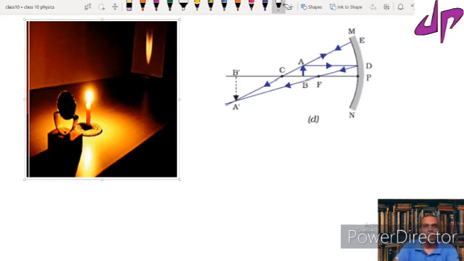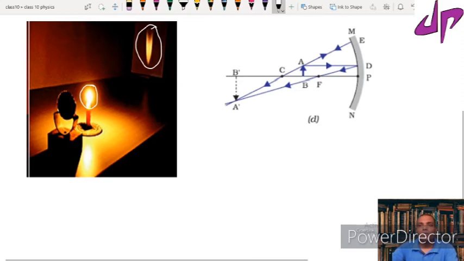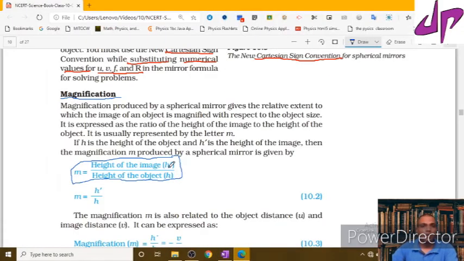So this is the image, and this image size is bigger than the object size. Now the image becomes larger, so we need to find how much larger it is. To find that, we use the formula known as magnification.